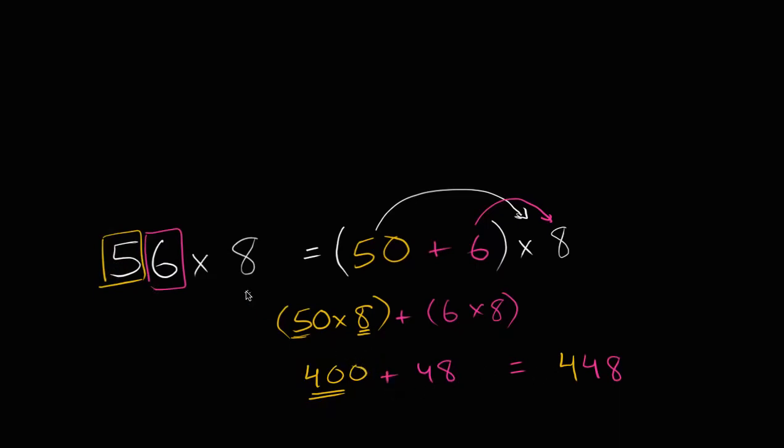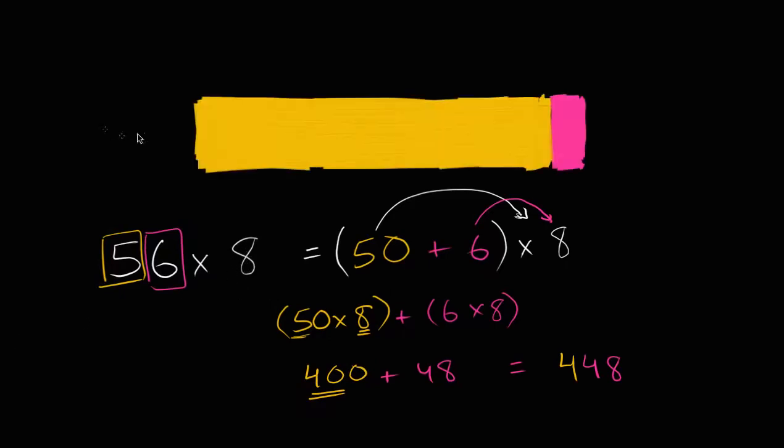And if it helps, we can also visualize this by looking at the area of a rectangle. So imagine this rectangle right over here, and let's say that this dimension right over here is 8. It is 8 units tall. So that's the 8. And this entire length here is 56.